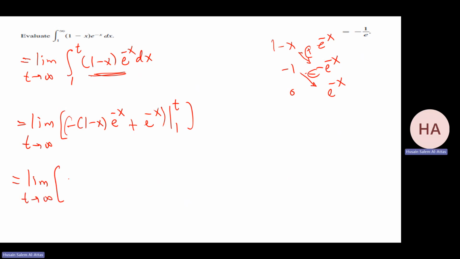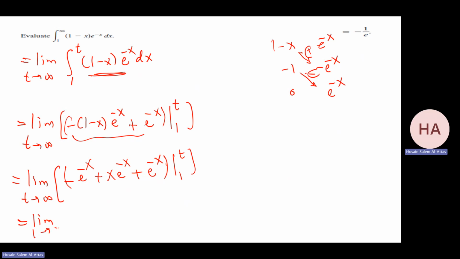Let me be careful with the calculation. Sorry. Yeah. Let me do it in steps. No problem. I'm just simplifying this from 1 to t. That will be the limit as t goes to infinity. Cancelled. So I have minus x e to the minus x minus e to the minus x from 1 to t.